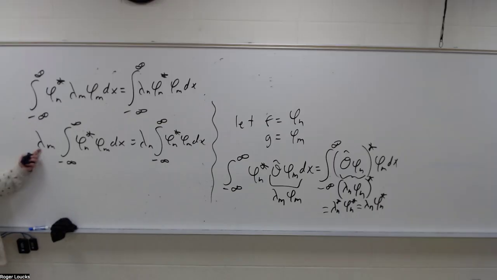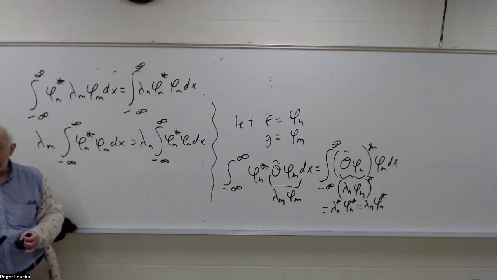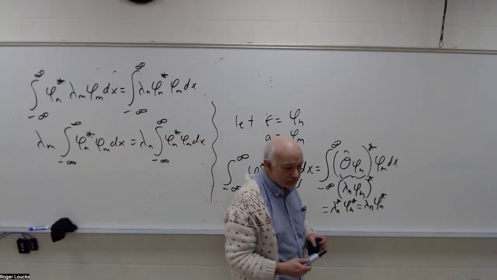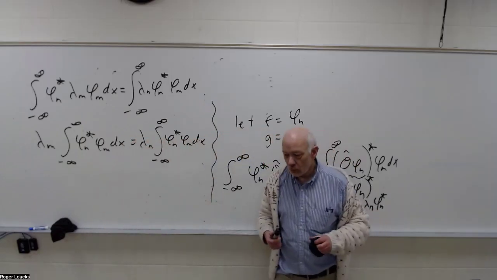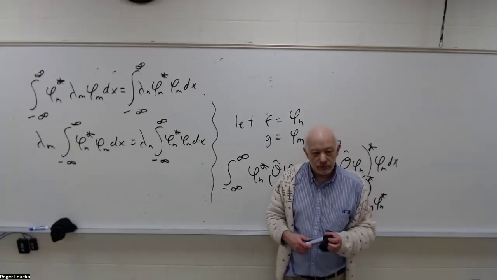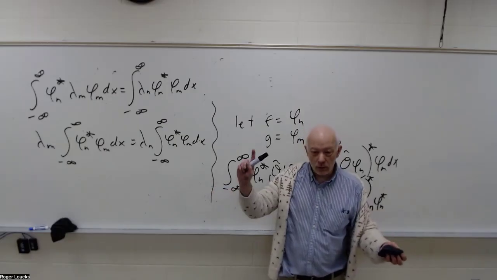Then what we have gives us lambda m equals lambda n. But what did we assume about lambda m and lambda n? They're not equal. So resolve the contradiction. Why can't you divide through by those integrals? You can always divide both sides by the same thing, with one exception.